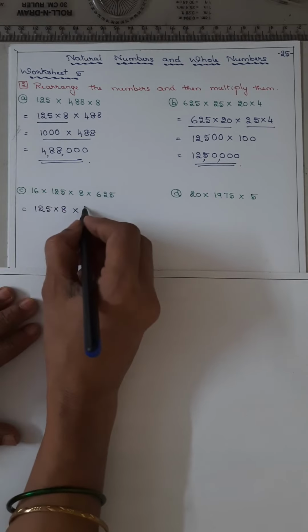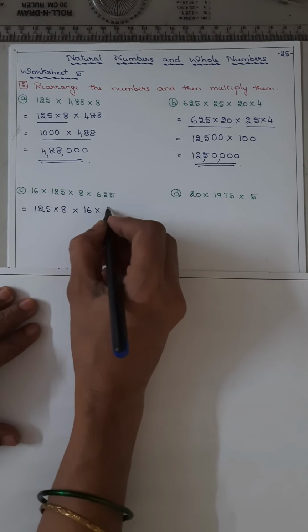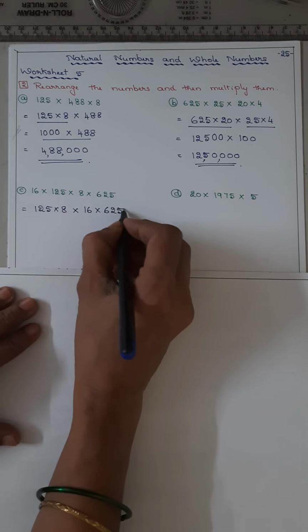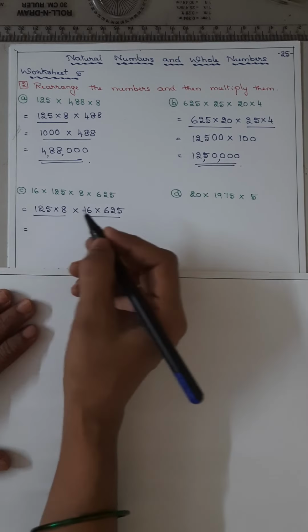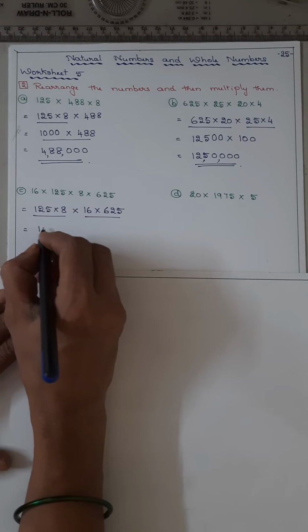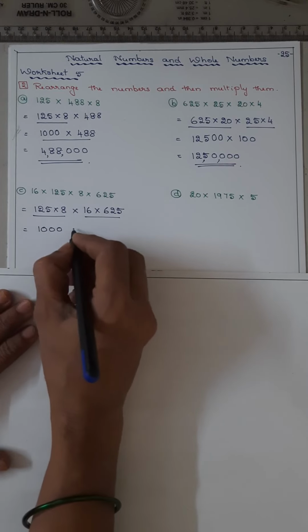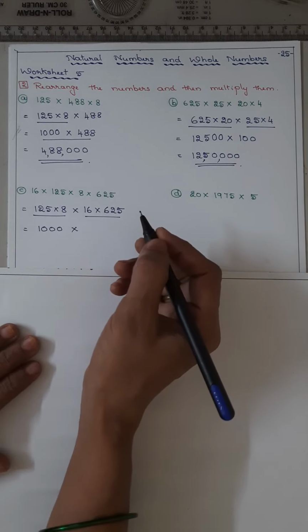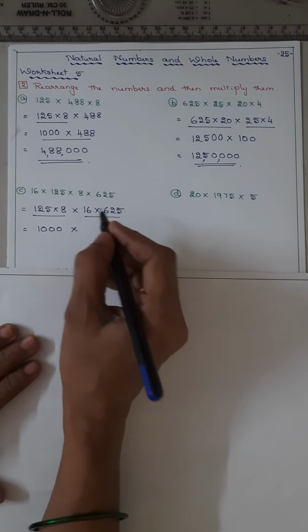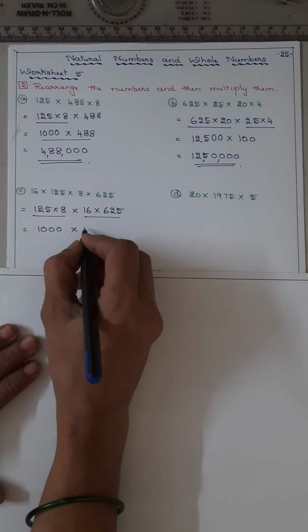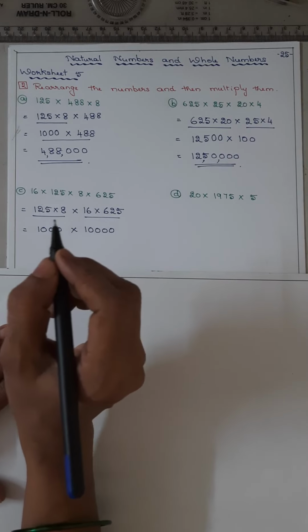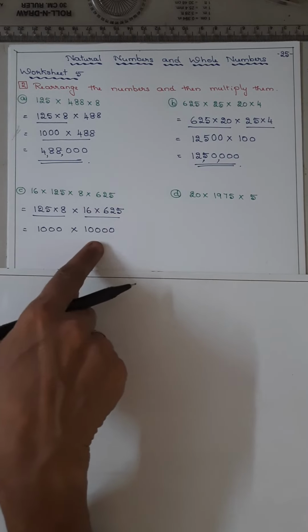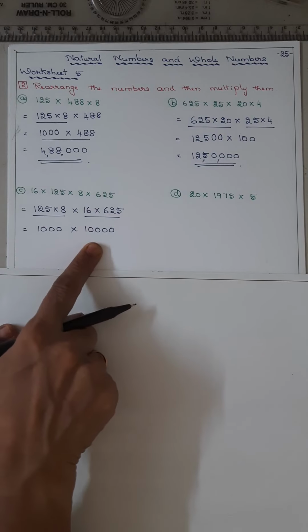Now remaining is 16 into 625. Group it. So 125 8s is 1000 into. Now 16 into 625 will be 10,000. When you multiply and see, you will get 10,000.